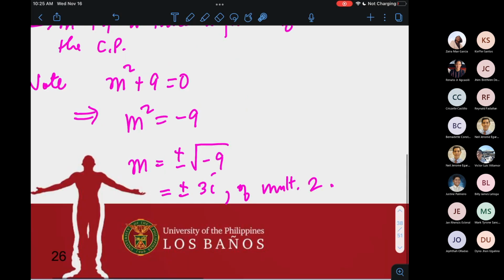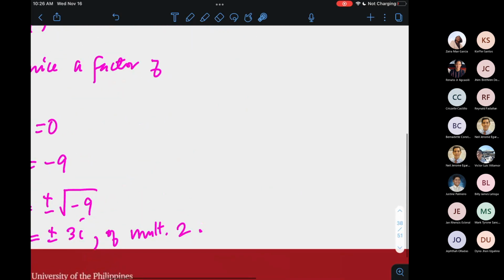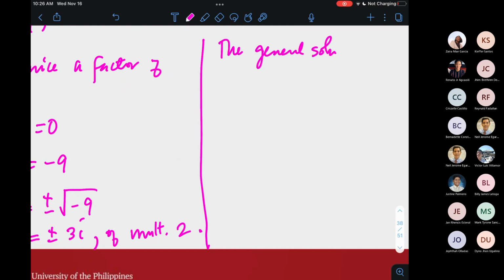Right? And then moreover, dahil ito ay repeated root of multiplicity 2, so ibig sabihin meron tayong polynomial multiplier dun sa ating solution, right? So the general solution to the GLDE is y equals, yun munang polynomial factor.